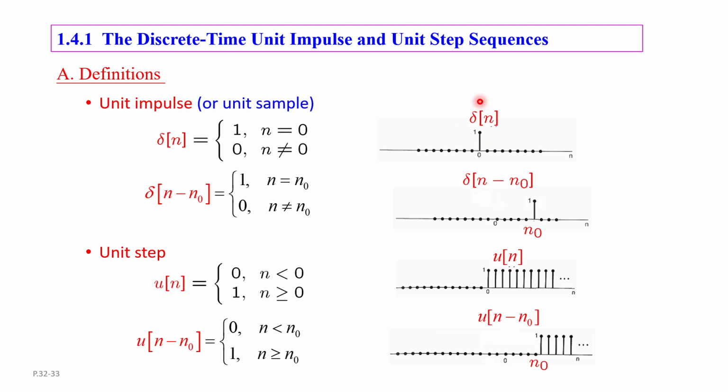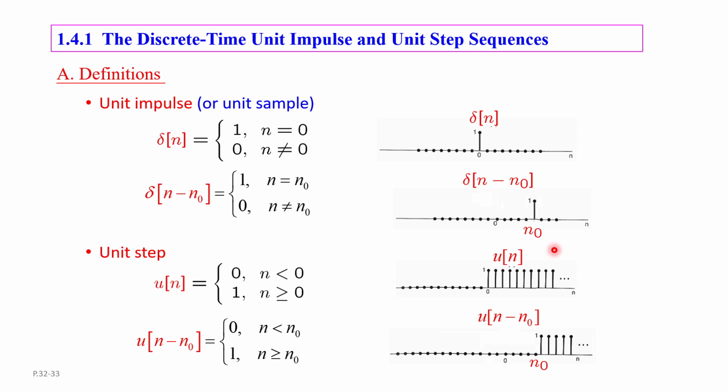Delta makes a little more sense in continuous time, where it's the delta function, and u is for unit step. Anyway, you need to memorize the delta and the u. That's the very basic version: delta of n and u of n.